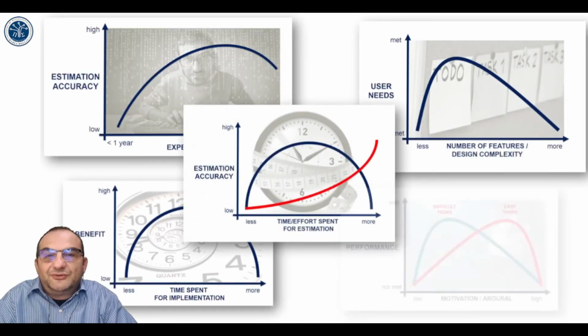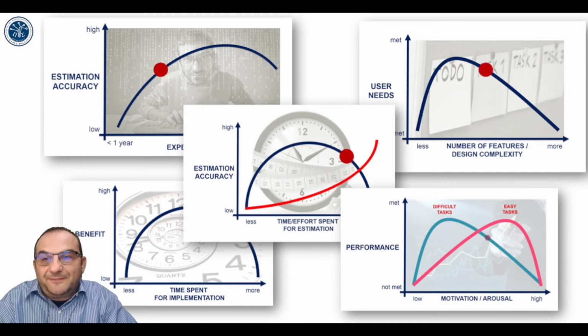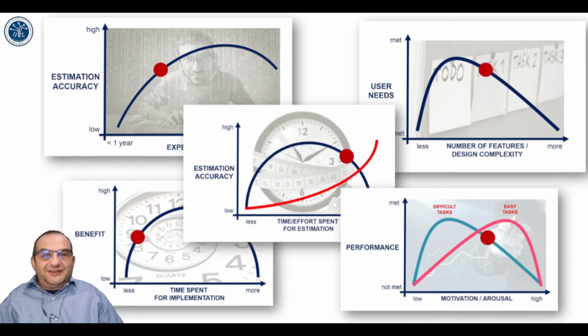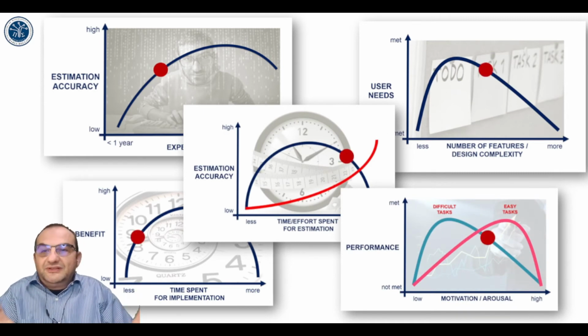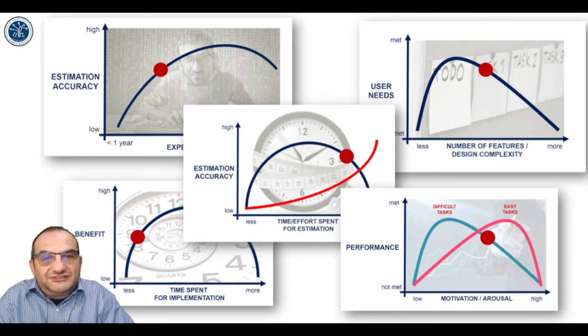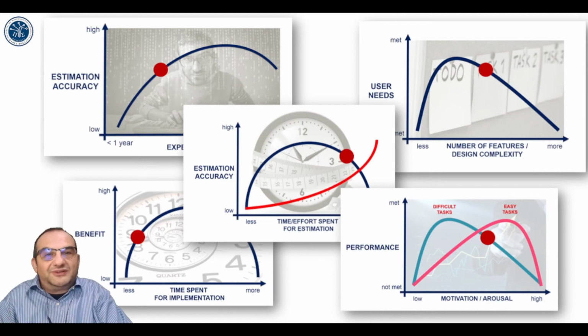These were just a few examples of how difficult it is sometimes to find the balance, to find the equilibrium in our projects. For instance, we can be, in measuring performance, on one side of the inverted U curve, and when we measure estimation accuracy, we can be on the other side. But that, of course, doesn't mean that our project is okay on average.